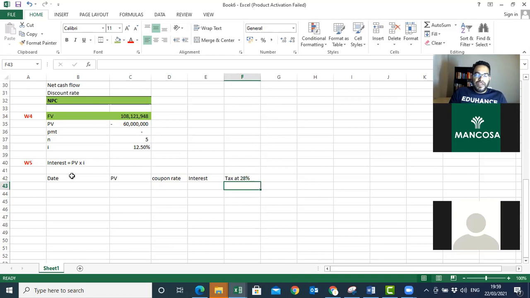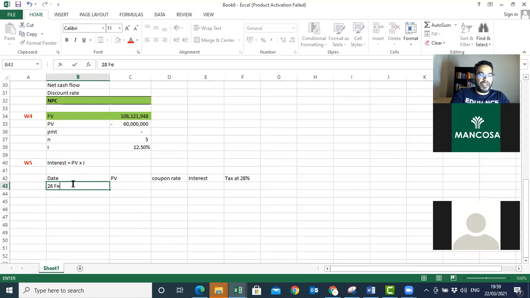So the first compounding period will be 28 February 2019. Because remember, we are as at 28 February 2018. So that has already taken place.